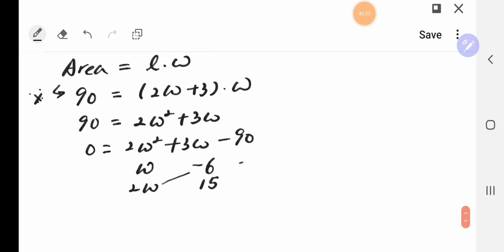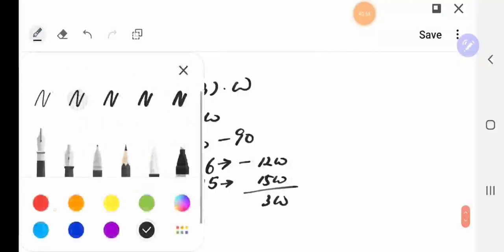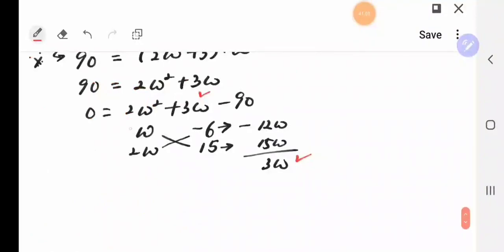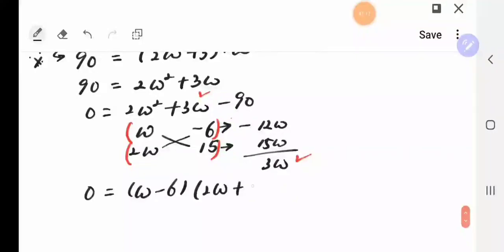So this will be negative 12W, and this one is 15W. The sum is 3W, so we got the second term. So this trinomial is the product of these two binomials: W minus 6 times 2W plus 15.